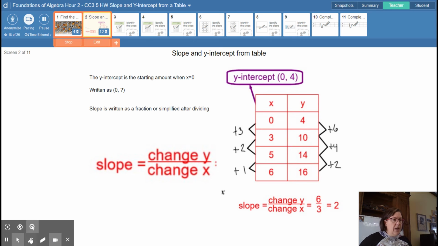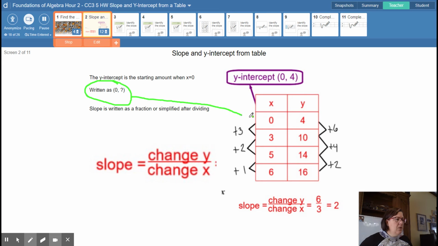So as you look at this slide 2 on the Google Meet, we write that as a coordinate pair of 0, something. And if you look at the table, you're always going to look for where x is 0, and then there's your coordinate pair sitting right there in the table.